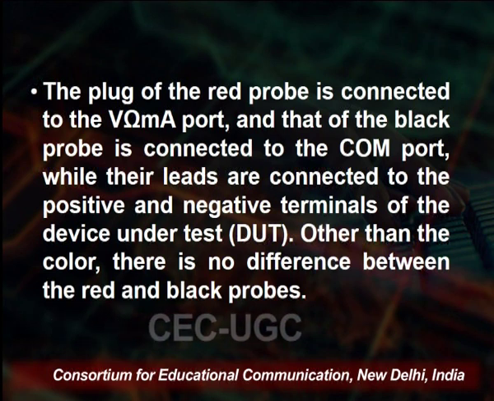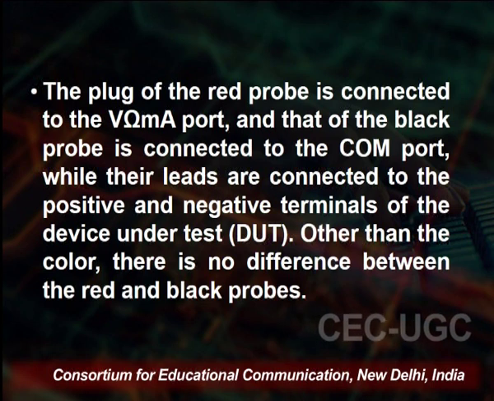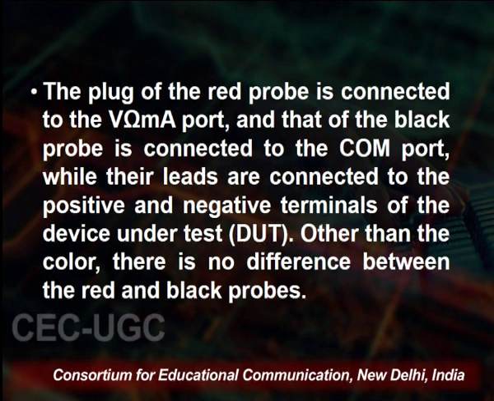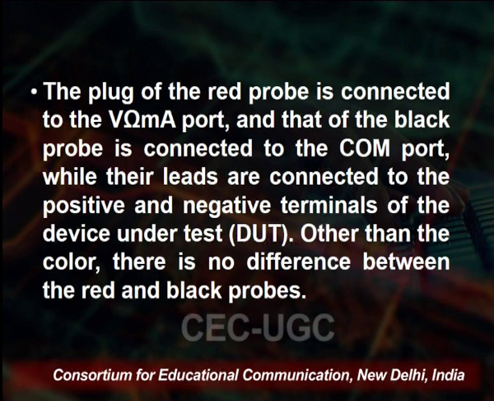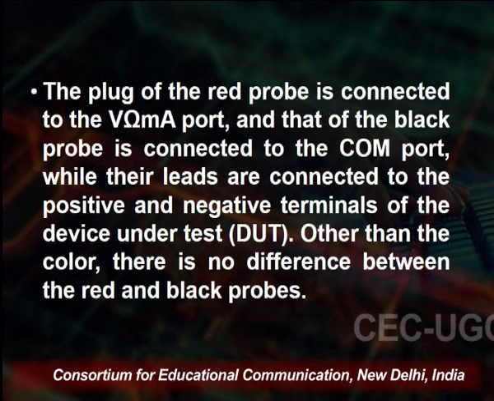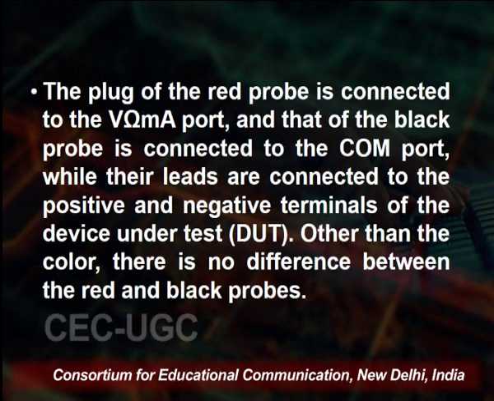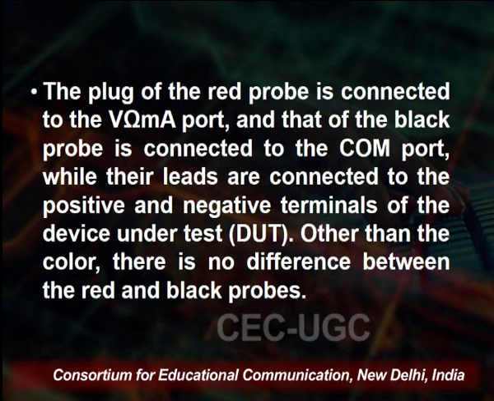The plug of the red probe is connected to the VΩmA voltage port, and that of the black probe is connected to the common port, while their leads are connected to the positive and negative terminals of the device under test, the DUT. So, one is connected with the voltage and another is connected with the common, which is the ground. Other than the color, there is no difference between the red and black probe.